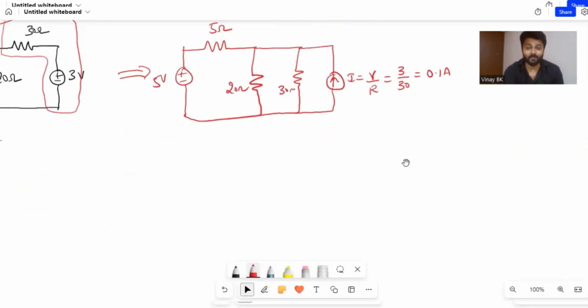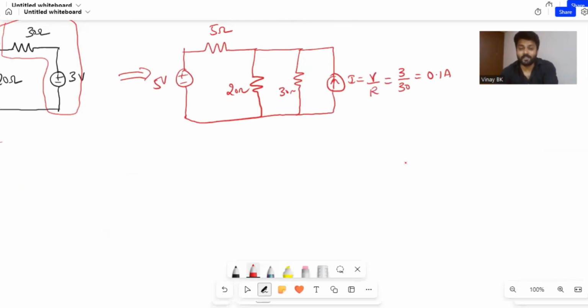Now you need to transform further. Before that, see that the 20 ohm and 30 ohm resistors are in parallel. You need to reduce them to get one equivalent resistor. The 5 volt source is in series with the 5 ohm resistor.